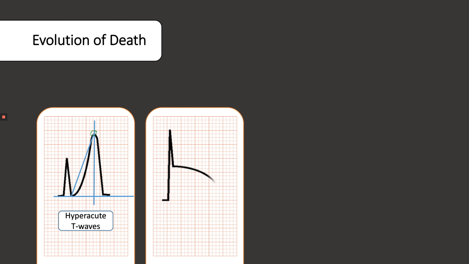Now, the next thing we're going to look for is the ST elevation. ST elevation looks exactly something like this. And we're going to use the J point as our base of reference. We're going to make sure that J point is at least 1 millimeter or more above the isoelectric line in order to be significant.